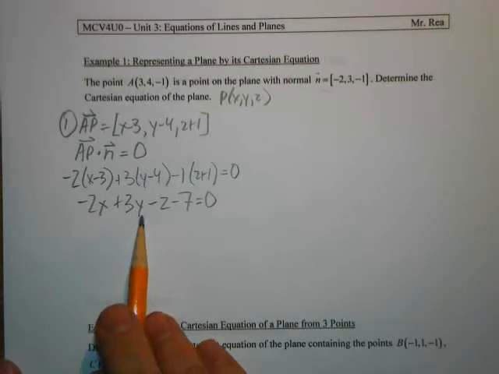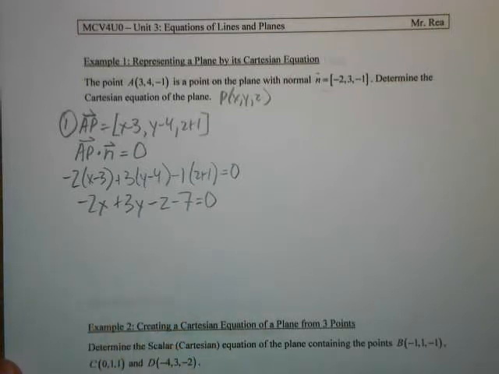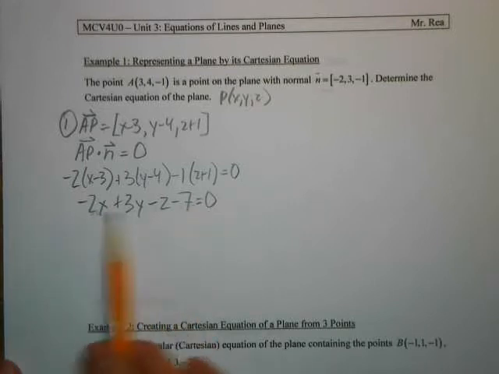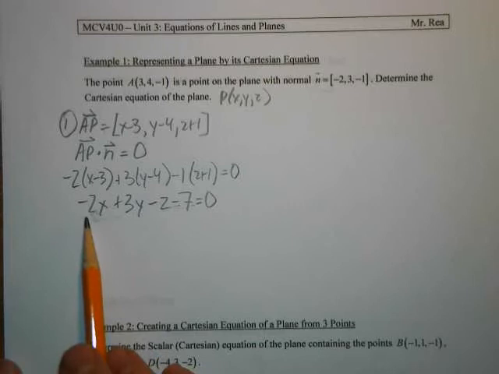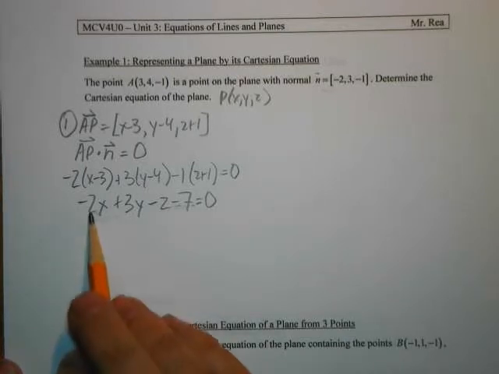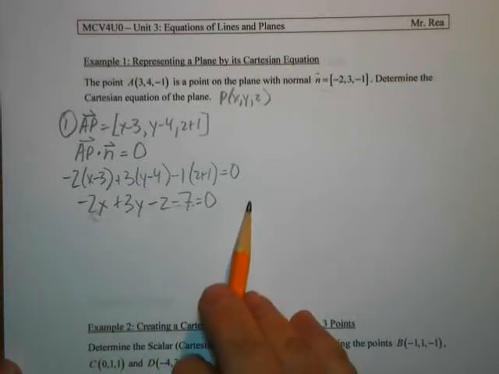The only thing that's a problem, and this was something we did in grade 9, we like all the ABC values, the coefficients of these, to be integers, and we really want the leading coefficient to be positive. So I'm just going to do a minor fix to that. If I want to change that to positive, I can just multiply the whole equation by -1.